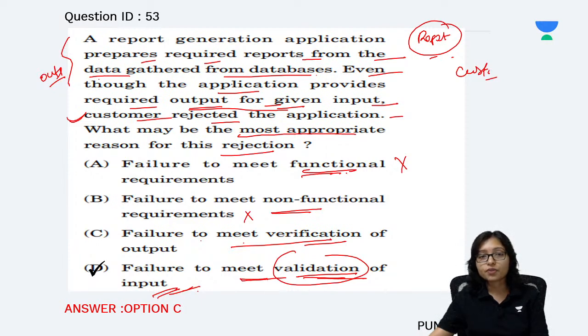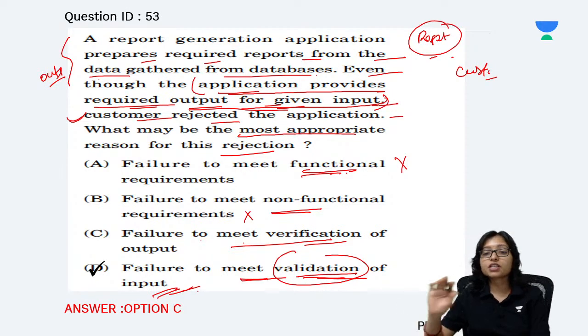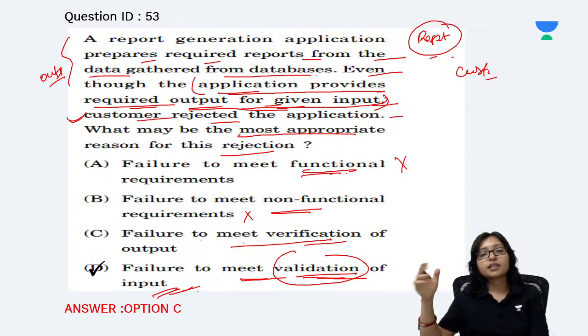The application provides the required output for the given input. So functionality, verification, everything is done. In validation there can be the problem, it's not meeting the proper validation, that's why they can reject it.